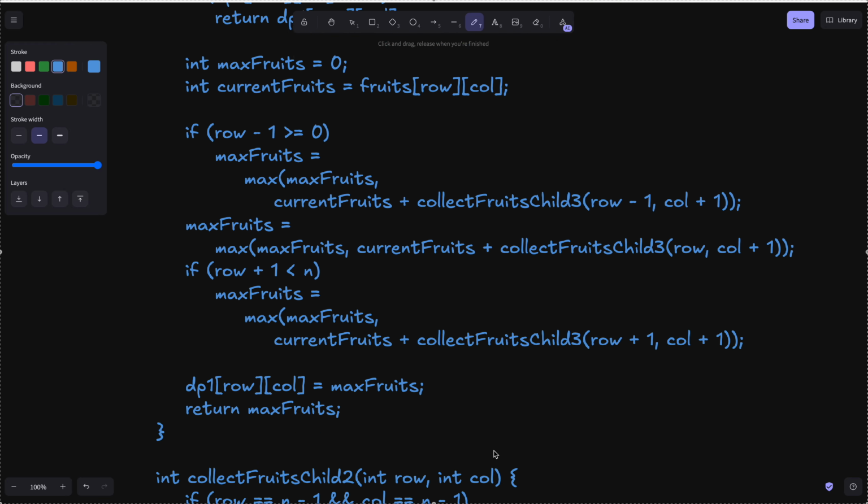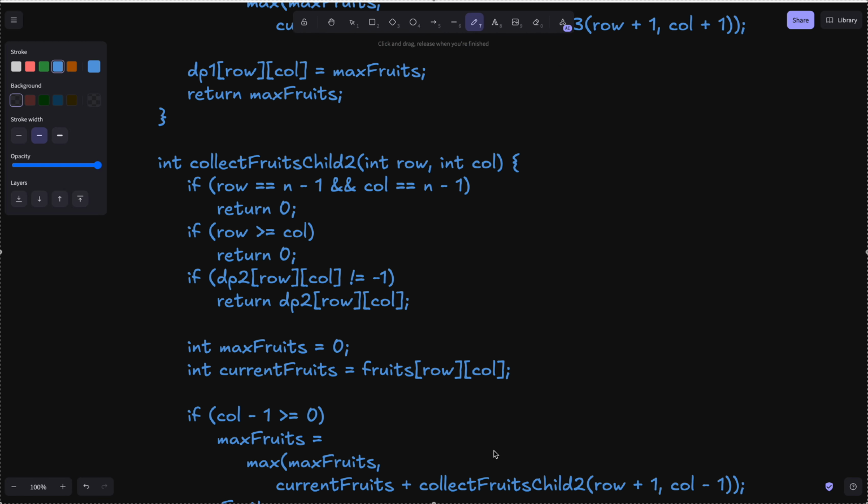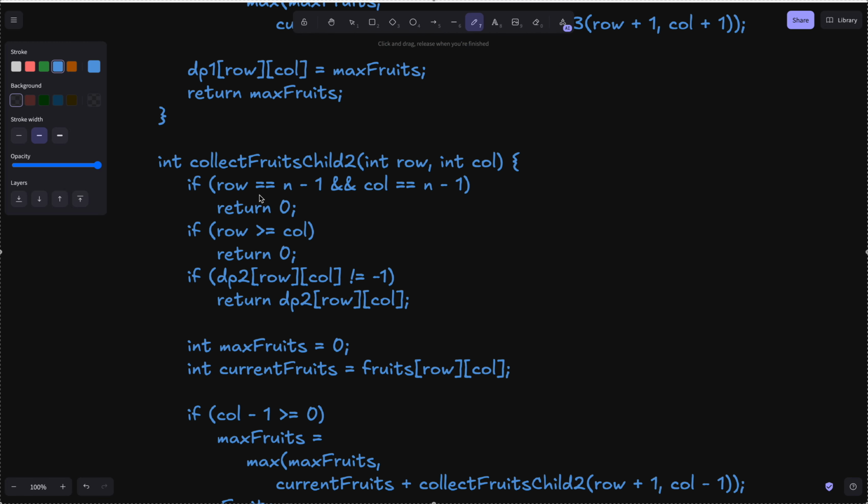So let's see the calls for child 2. Whenever our row and column both become n minus 1, we return 0, which means we exit as we have reached the destination, and the destination value is 0 for us.